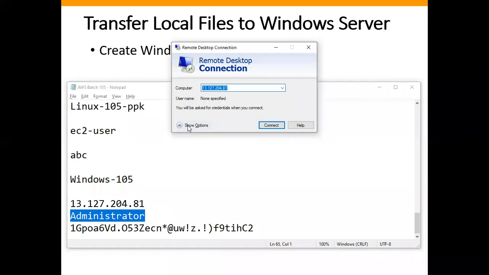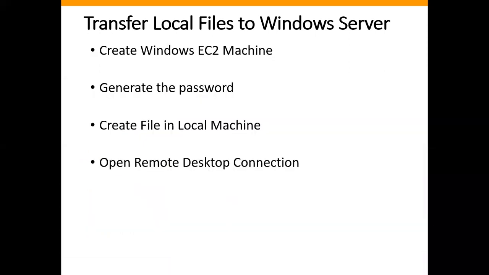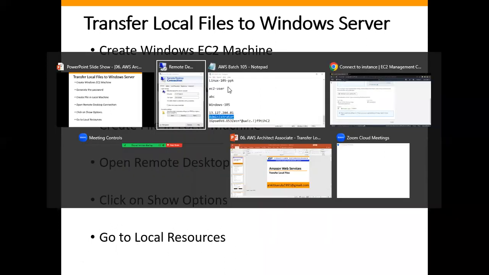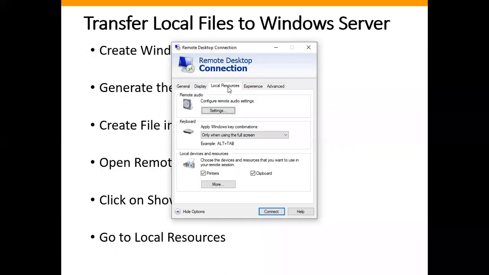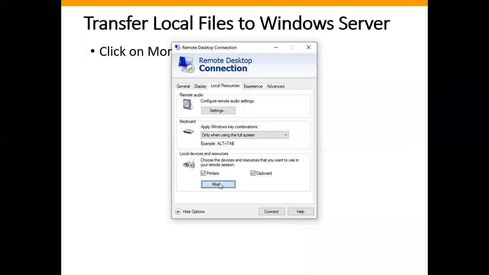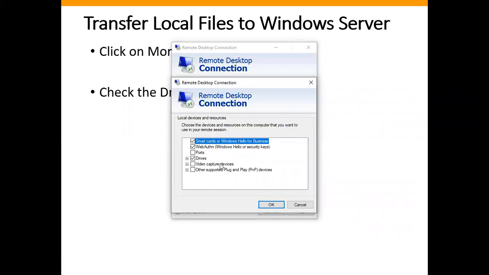Click on show options, enter my user. Now please watch very carefully what settings I'm going to do. Go to local resources. Then click on more. Check the drives checkbox. Click on OK. In my system, it is already checked, but in your system, it may not be checked.